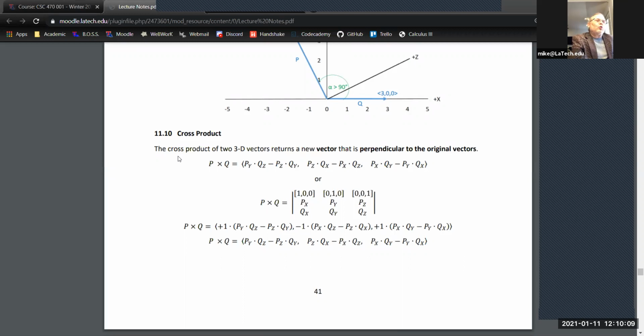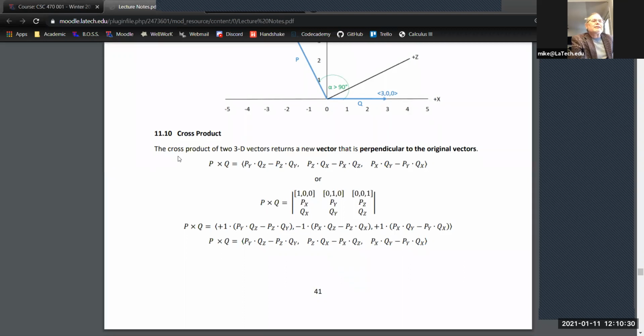So when you take PX times QZ and multiply those together, then you subtract PZ times QX. Well, we would also, after doing that, do a -1 multiplication of that quantity.